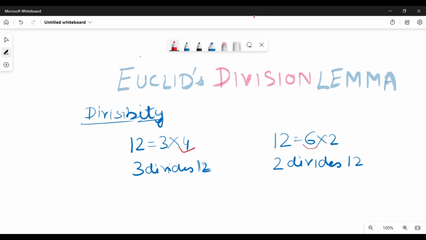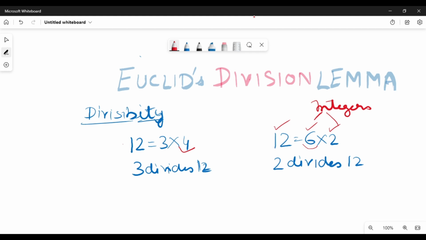And notice one thing: 12 is written in terms of its factors and both the factors are integers. Here 3 and 4 both are integers. 3 divides 12 only because there exists an integer 4 such that 12 can be written as 3 into 4.